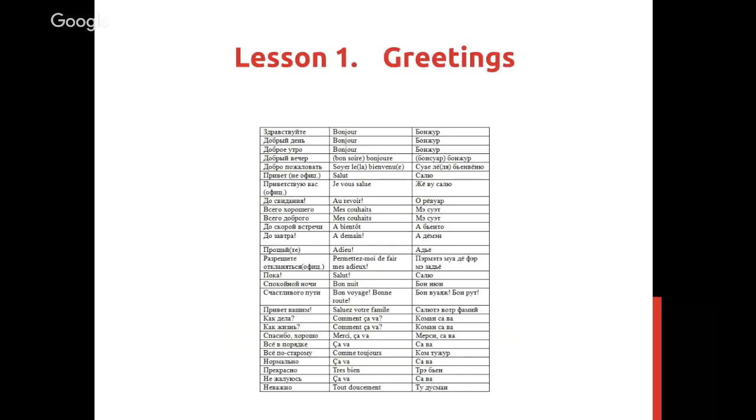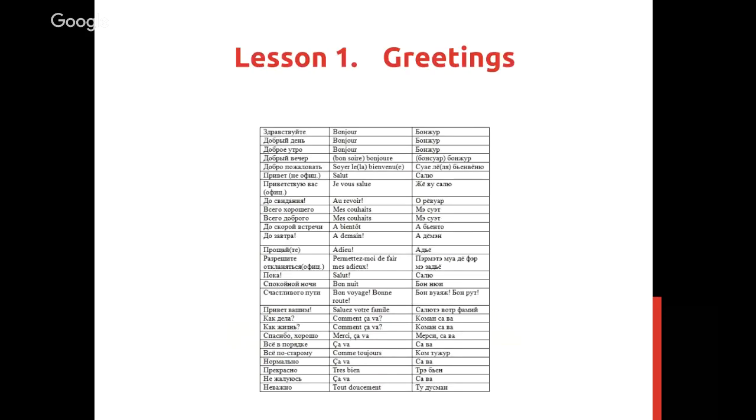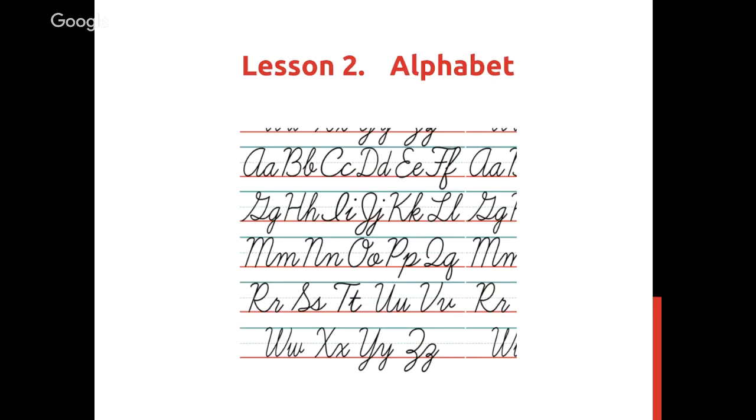Now, let's first take a look at how traditional language courses work. Maybe you remember yourself sitting in the classroom in this position. Often we start learning a few phrases and the basic greetings, always useful when traveling to the country. Then we learn the alphabet, if it is different from the alphabet of your native language.